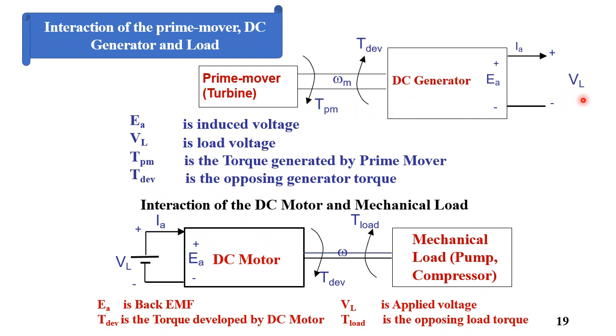The terminals of the generator will have a V load or V terminal, and it draws a current IA as shown in this figure.